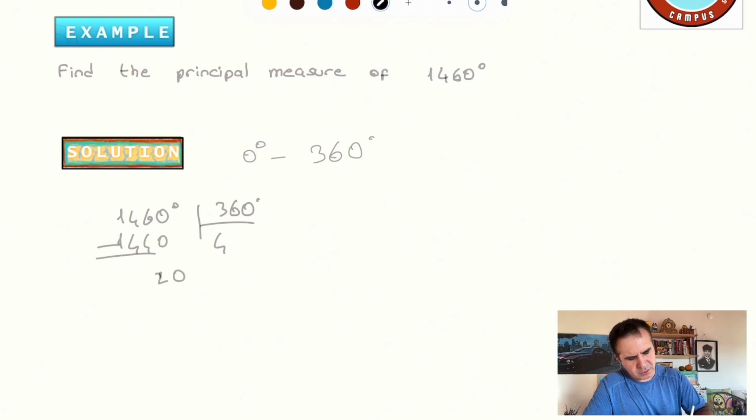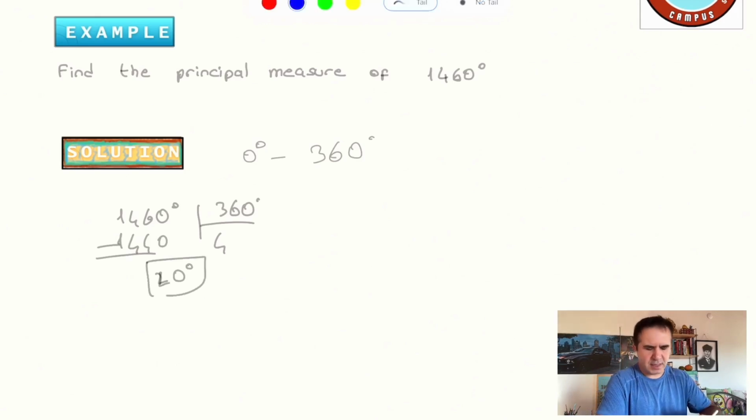And so, since the remainder is 20, this means that our principal measure is 20 here.